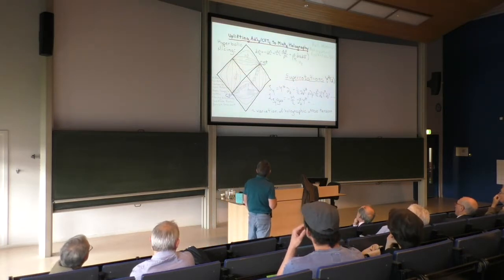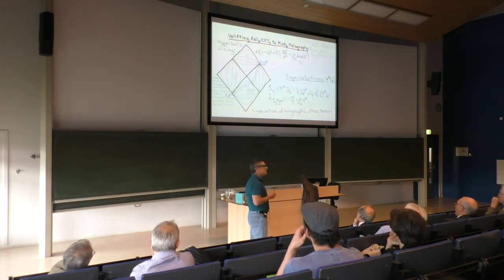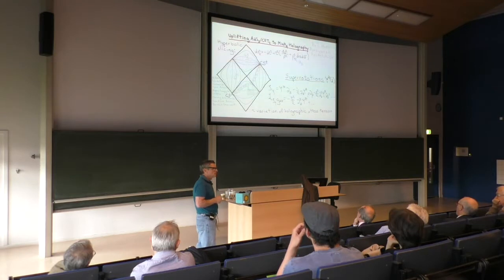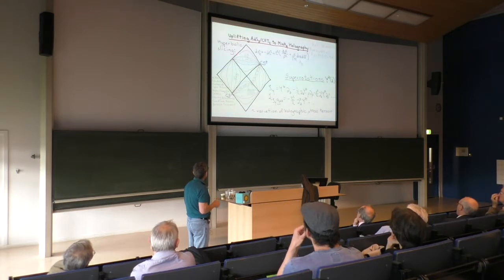They didn't really claim to have shown very much, they were just making a conjecture, which turned out to be true. They said, let's take Minkowski space, graviton Minkowski space, and let's slice it into hyperbolic slices.